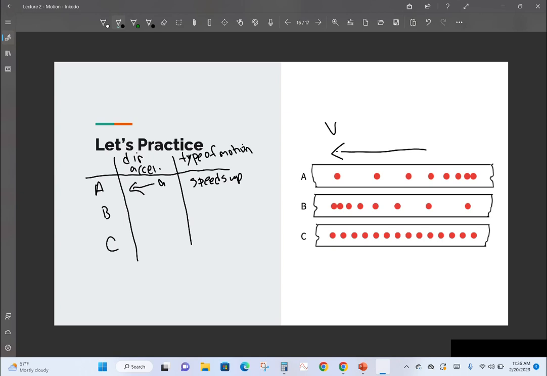In B, the acceleration is to the right, but the car is moving to the left, so it's going to slow. And in C, the acceleration is 0 because the dots are constantly spaced. So it's traveling at a constant speed.